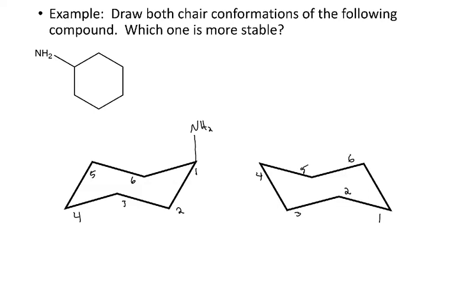It can be really easy to get these mixed up and to tell which atom in this conformation goes with which atom in the other conformation. But if you're consistent and you always make the head, when I've drawn it this way, carbon 1, then that's going to switch to be the foot in the other one. And so when I go from this conformation to this one, it's still got to be on carbon 1, but if it was axial in this one, then it's going to be equatorial in this one.